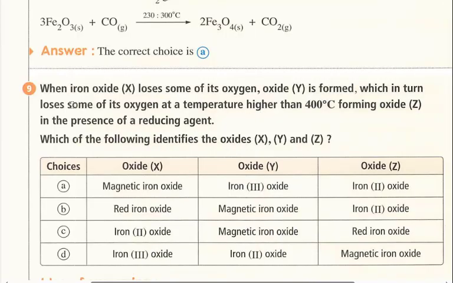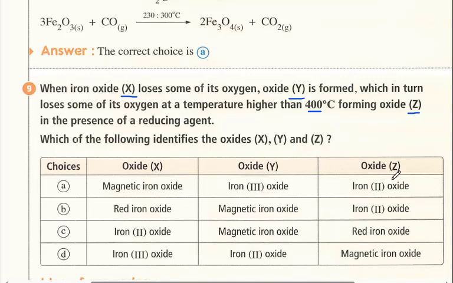Here is another example. When iron oxide X loses some of its oxygen, oxide Y is formed, which in turn loses some of its oxygen at a temperature higher than 400 degrees Celsius, meaning from 400 to 700, forming oxide Z. From above 400 to 700, it forms ferrous oxide, FeO.